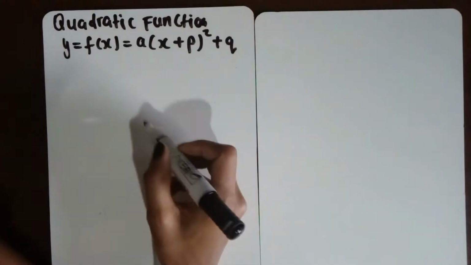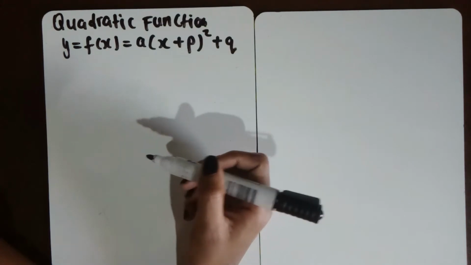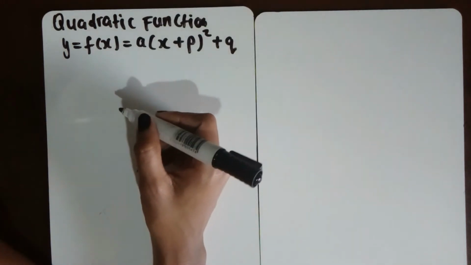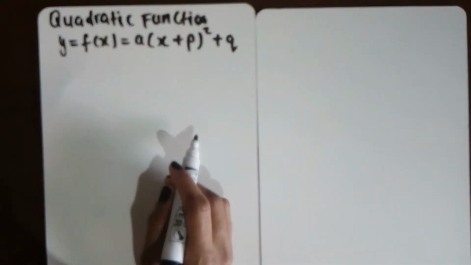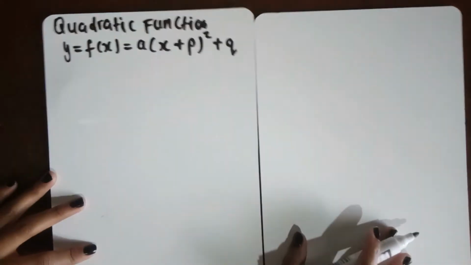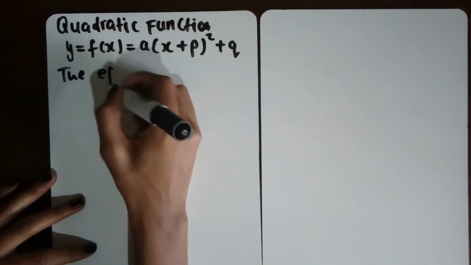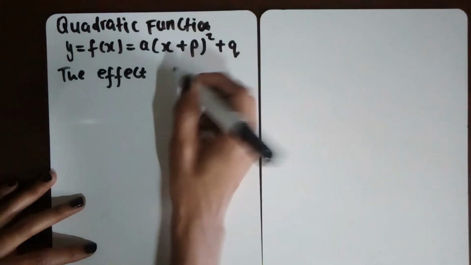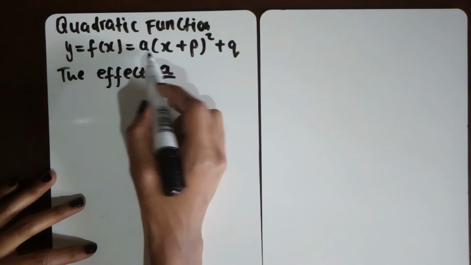But then I want us to take the simplest case. So our first task is that we're actually going to investigate the effect of a on our graph, the effect of a on our graph, right? This a that we're talking about there.